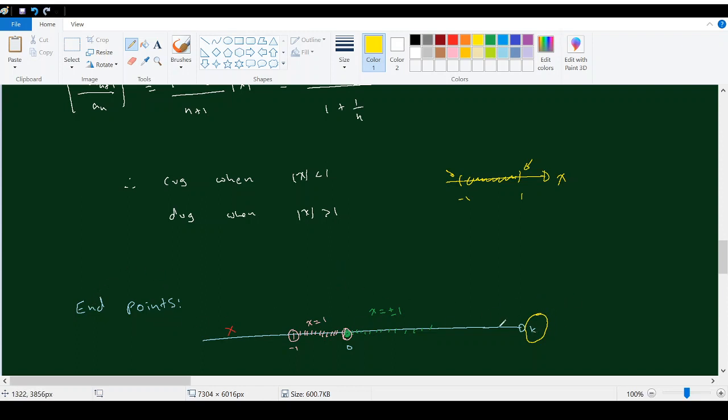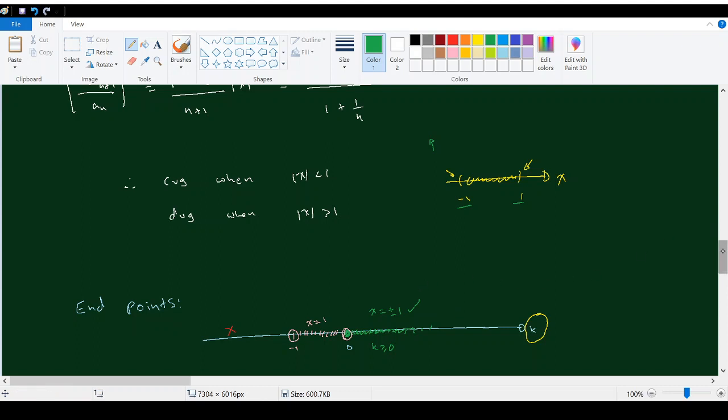That's what I want to mention within this diagram. So if the k value is greater than or equal to 0, then at both these endpoints, the above series will converge, right?